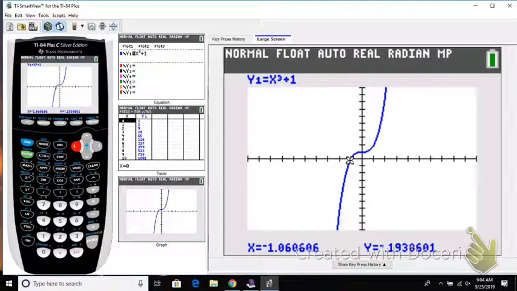Can you go over that again? I didn't understand how you find the Y intercept and the X intercept. Graphing was really hard for me. Okay, so we have the Y-axis and the X-axis. The Y-intercept is wherever this blue graph is crossing the Y-axis.